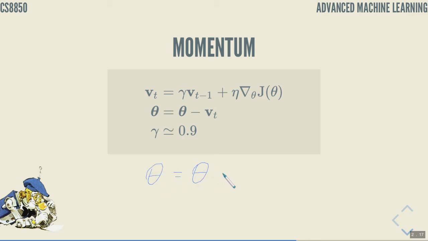Instead of doing the regular gradient descent update, stochastic or not, let us accumulate. Instead of making a step, we will keep a variable where we will accumulate, with some discounting factor, our previous gradient plus the new gradient. So say we're starting, computed the gradient, made this step here.